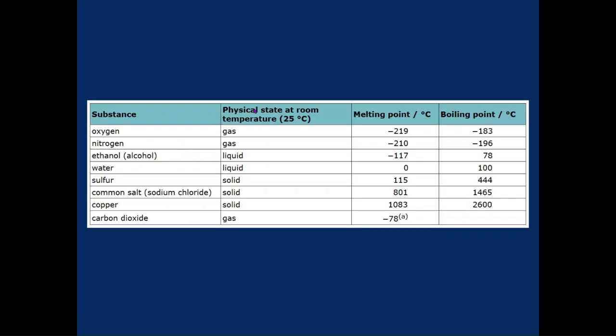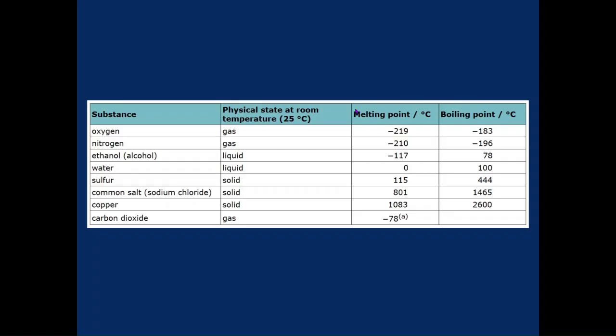Here we have their physical state at room temperature, so around 25 degrees Celsius. So these are the states that we've learned, right? Oxygen and nitrogen are gases, ethanol and water are liquids, sulfur, salt, and copper are solids, and then carbon dioxide is a gas. And then over here we can see melting points and boiling points.